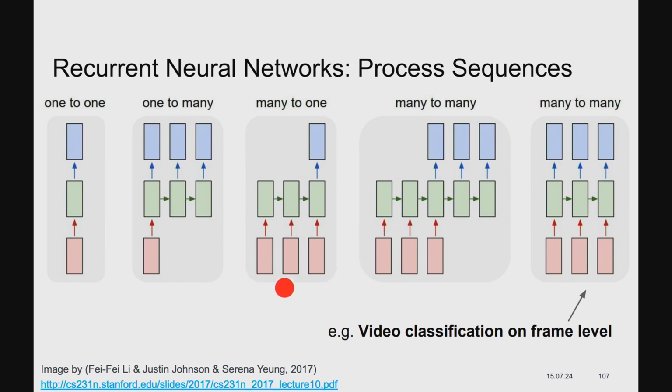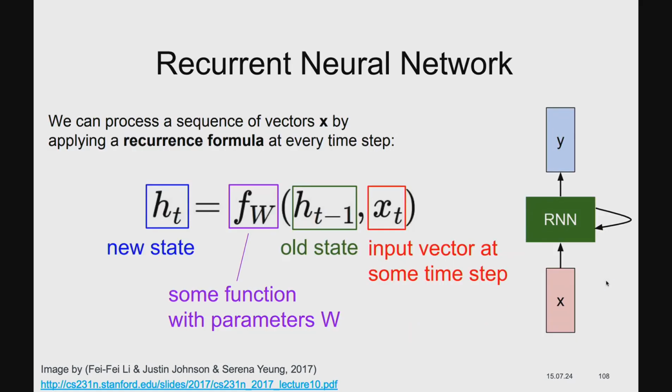This is the first time step, second time step, third time step. Whether it's time or the position of a word, it is just reflected here as a time step. Or for a video, the first frame, second frame, third frame, this would be the temporal evolution over time. So we have some input at some time t, and the output depends, of course, on our weights, but also on the old state.